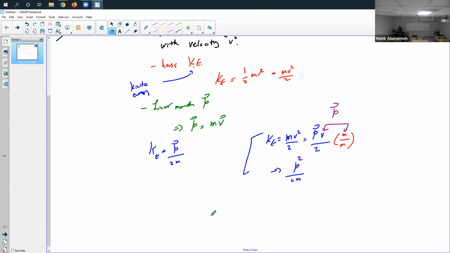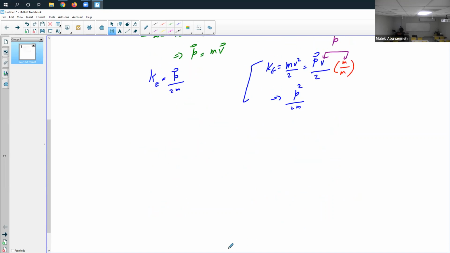Now, that's when the particle is moving. Now, when you have a particle collision, when one particle collides with another, there's two fundamental laws that have to be applied.